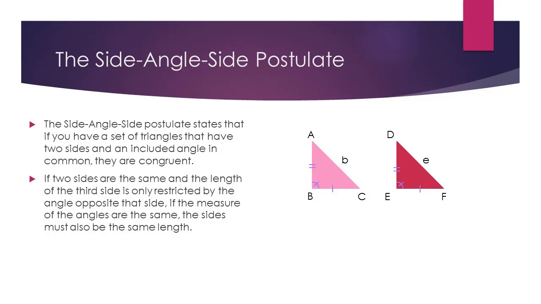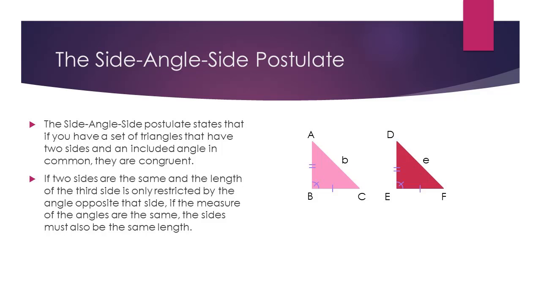So if sides AB and DE are the same, and BC and EF are the same, the only thing the third side can be depends on the angle that is opposite of it. And in this case, if angles B and E are the exact same angle, then the side lengths b and e must also be exactly the same.